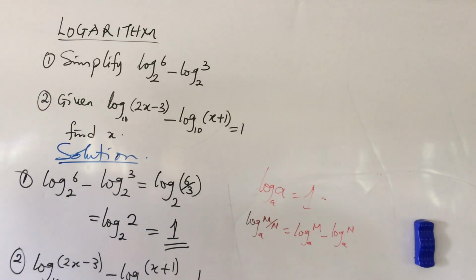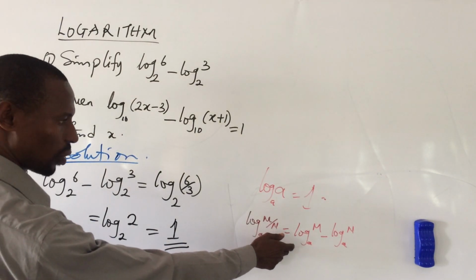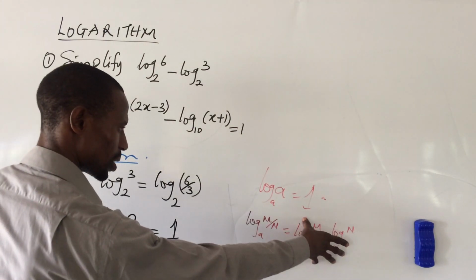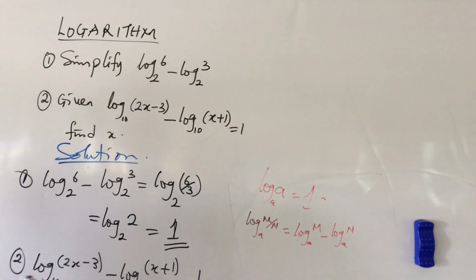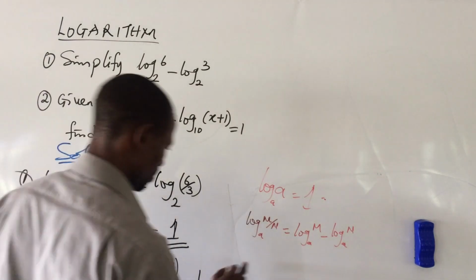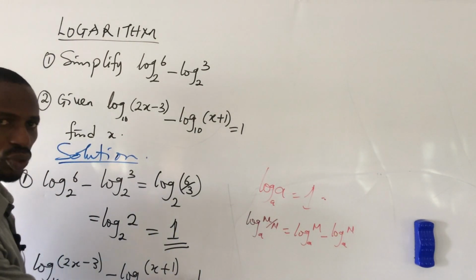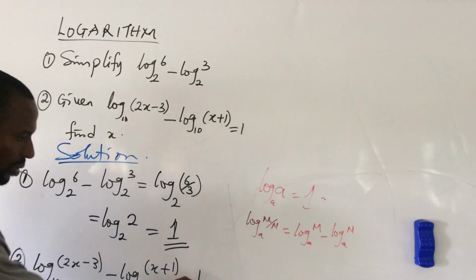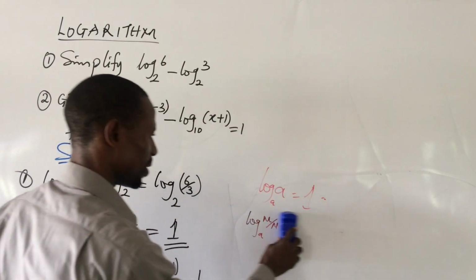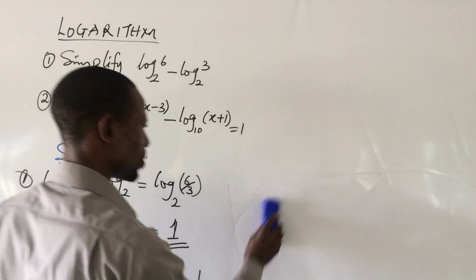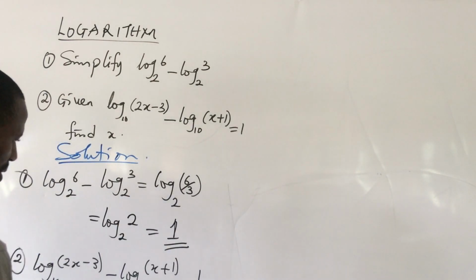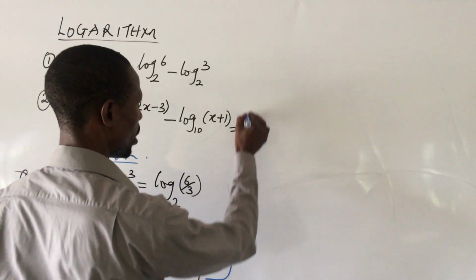Now, look at this. We are still going to apply this division law. So this question is in this form, so let's convert it to this form again. And by so doing, we introduce log to base 10 on this other side.